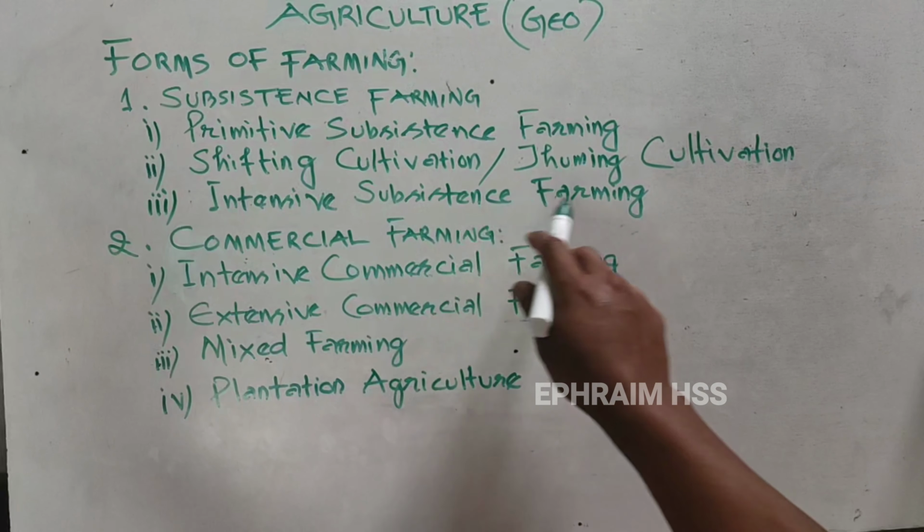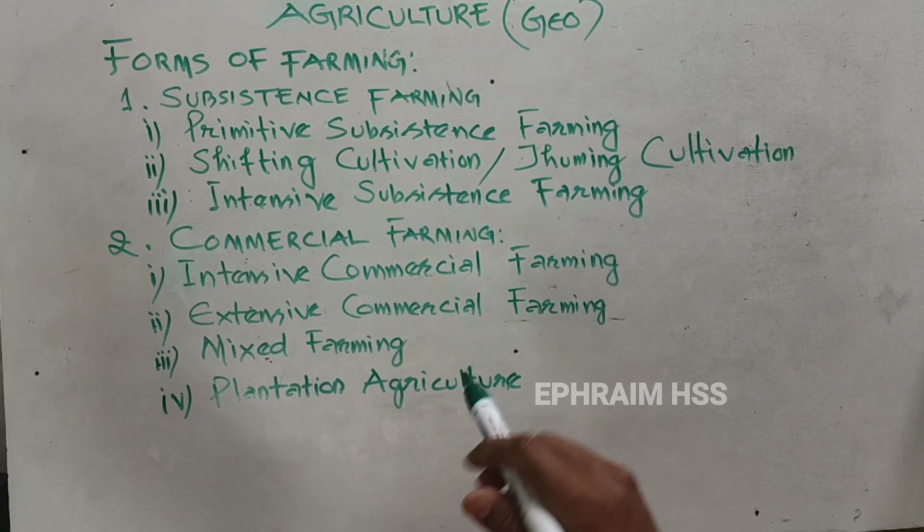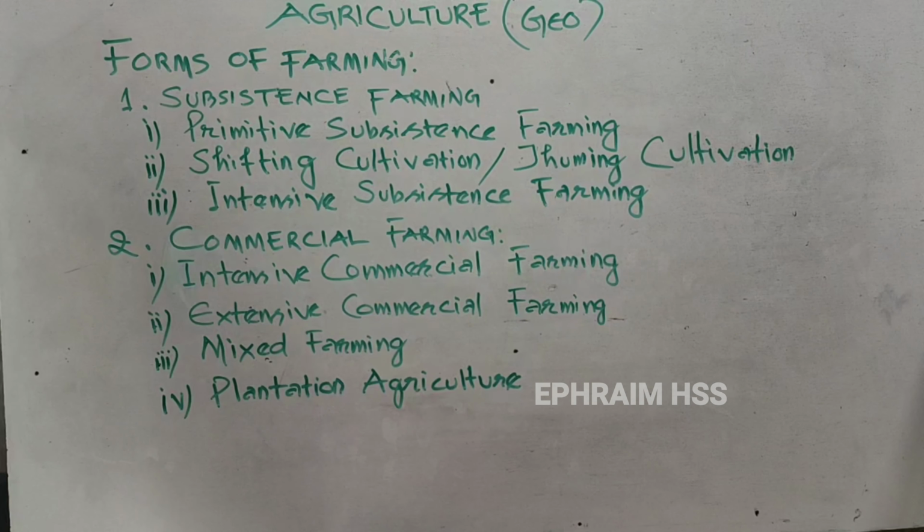Intensive subsistence farming. In this kind of farming, the size of the farm is small and the land is intensively cultivated. Fertilizers, insecticides, pesticides are used along with various modes of irrigation and genetically modified seeds.